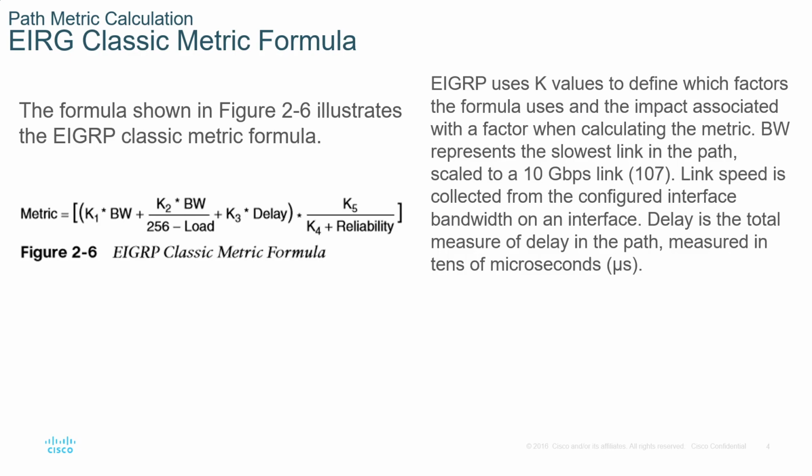So if you look at the classical formula, we have K1 by bandwidth plus K2 by the bandwidth divided by 256 minus the load plus K3 times delay. All of that gives us one value, and then we times that by K5 over K4 plus reliability.